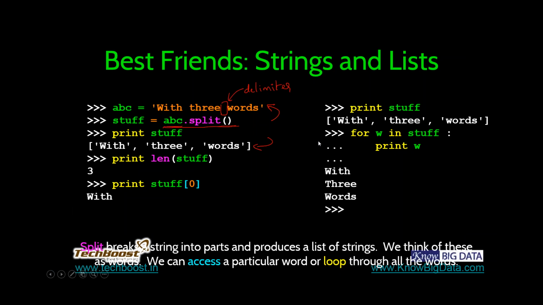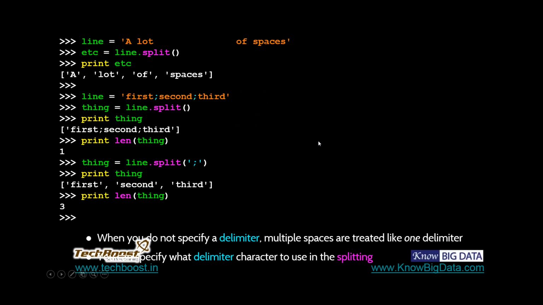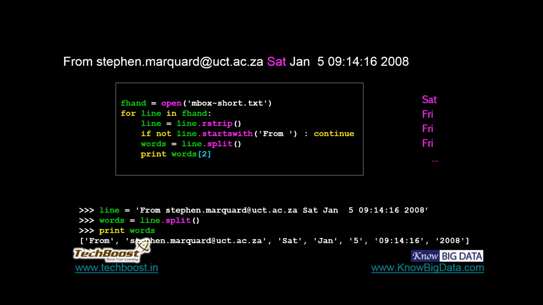Let's see what we have. Here is the example we were talking about. I think we have already seen this, using a delimiter other than space. And this is a kind of example we saw in the last session with strings.